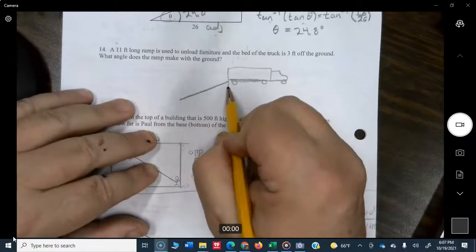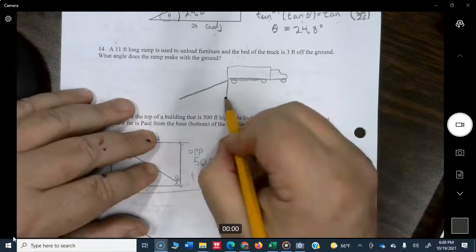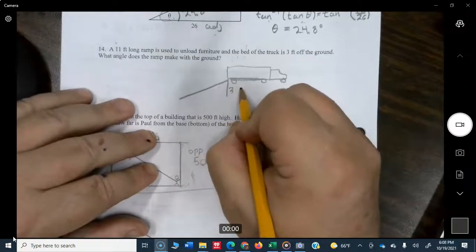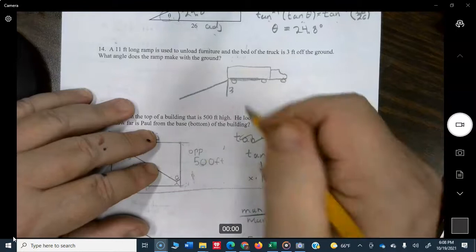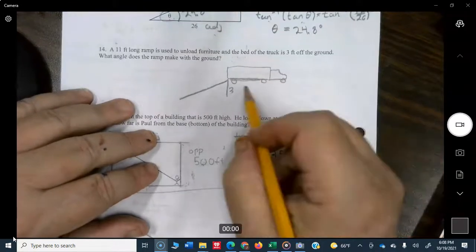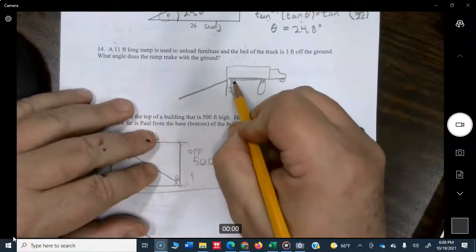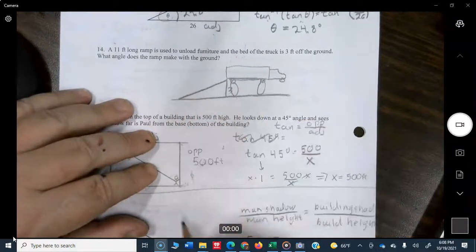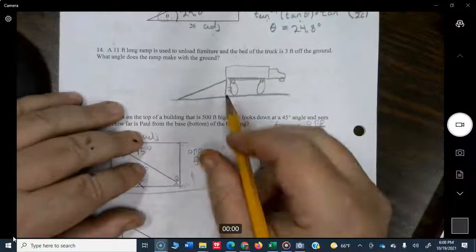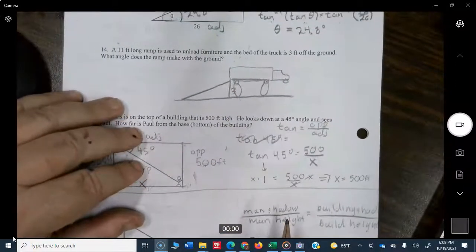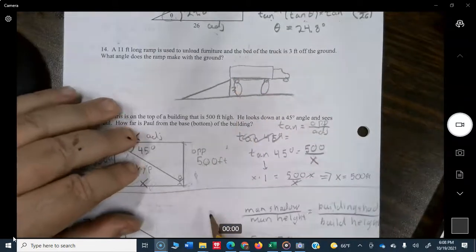Here's the ramp, and here is how high it is off the ground. Whoops, that's not a very good depiction because the wheels need to be touching the ground. So I'm going to make the wheels really long. I know it's kind of silly, but they got to be touching the ground. But I want to make the 3 feet big enough to be able to see it, not just the height of the wheels. Okay, so there we go.